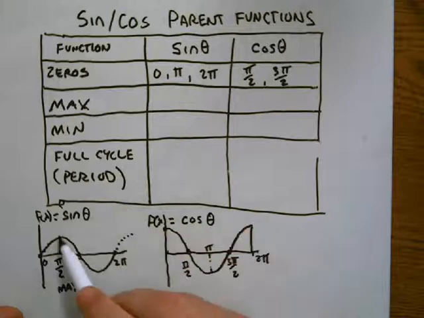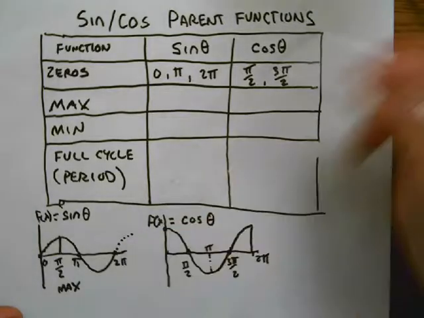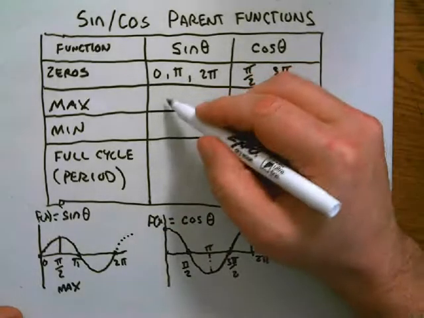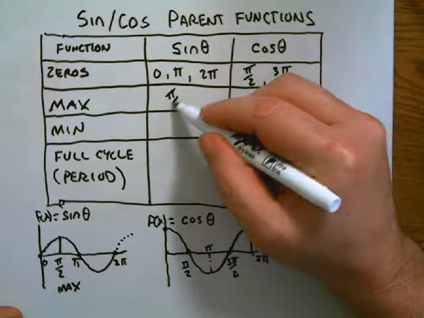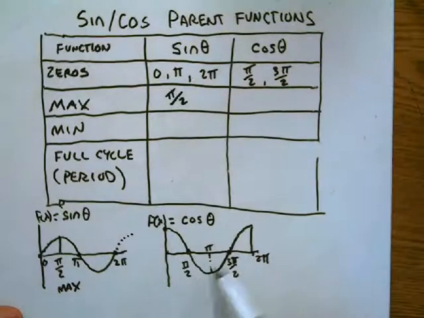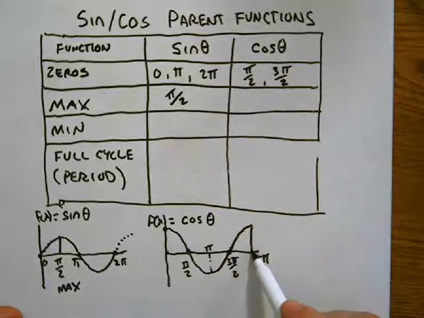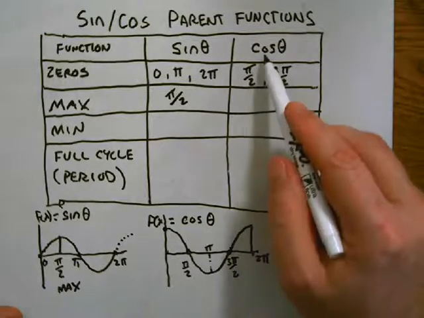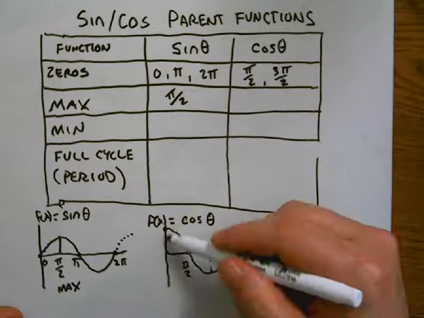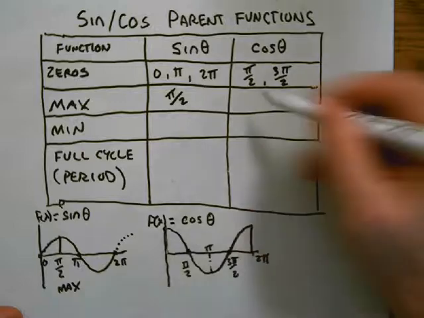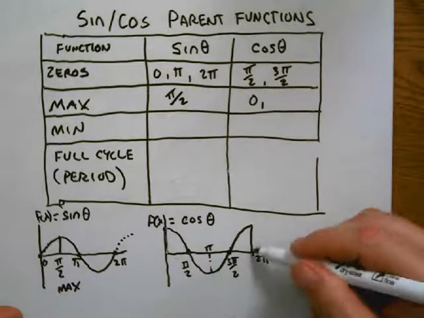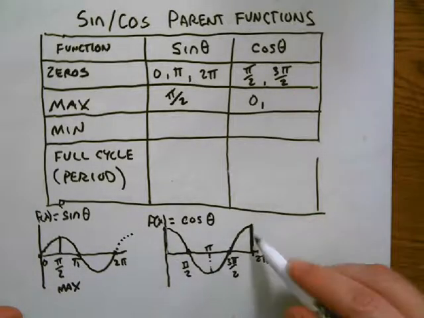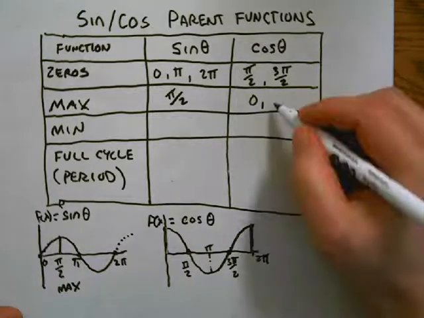There was only one of them in the one complete cycle, so pi over 2. The maximum for the cosine function looks like we have two. We have one right here at 0, and we have another one at the end when we return to the maximum at 2 pi.